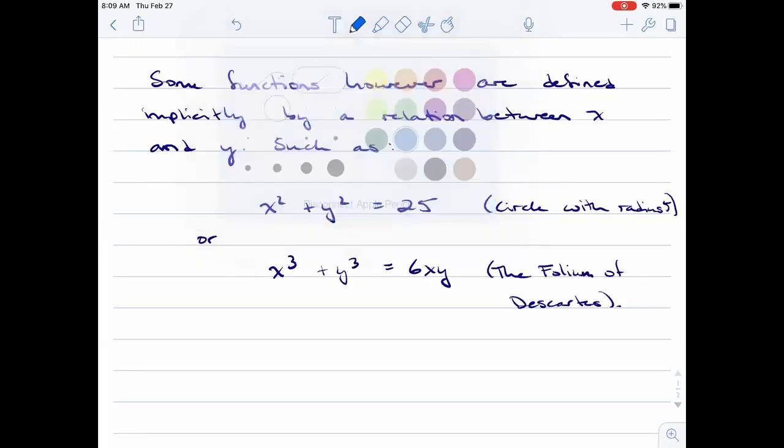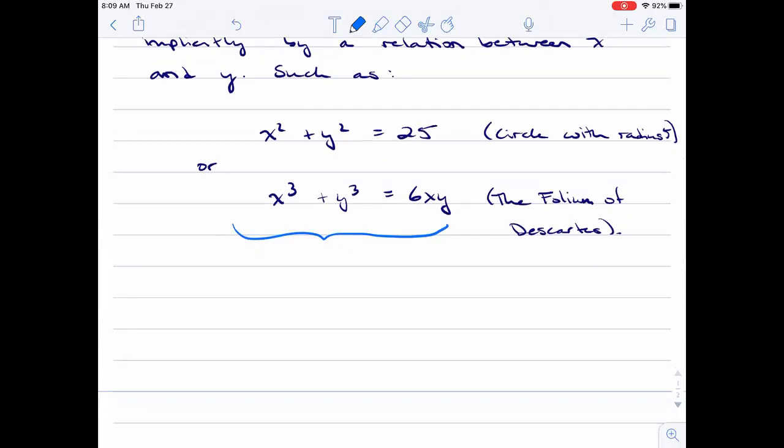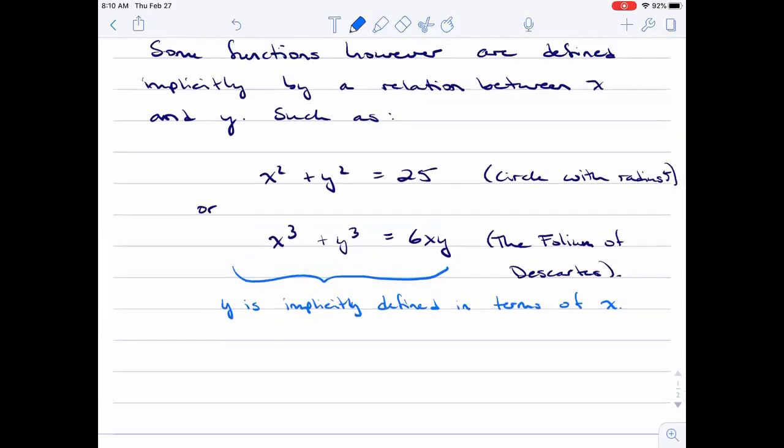And so here, in both of these situations, y is implicitly defined in terms of x. In the first one, sure, we could rearrange and find that y is the plus or minus of the square root of 25 minus x squared. That's fine.